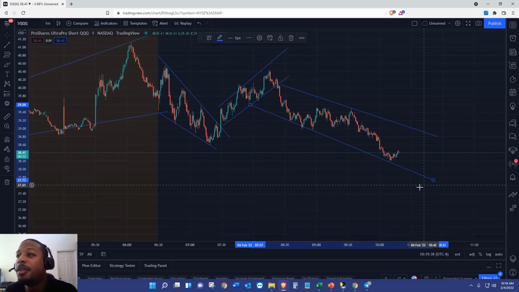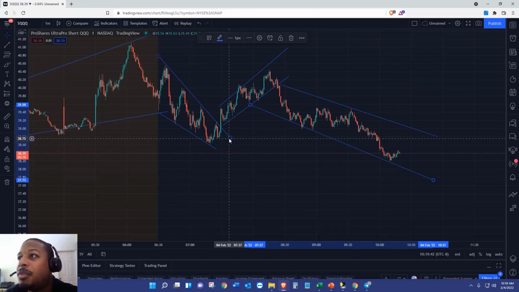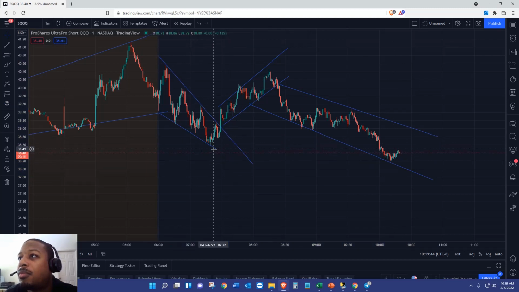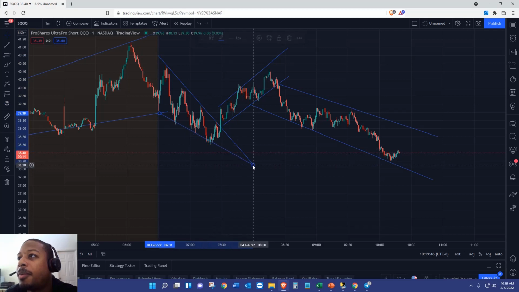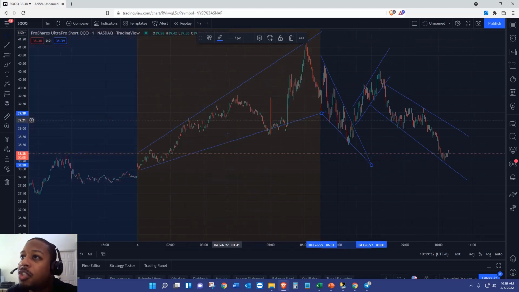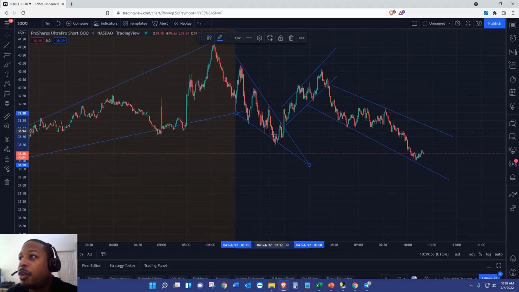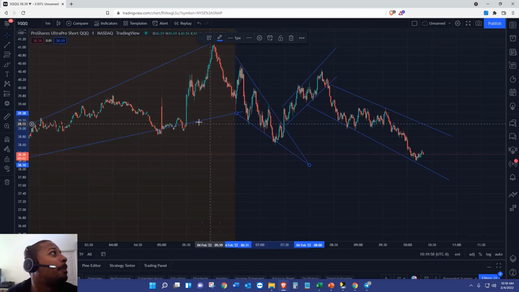Okay. This right here would have been a failing descending triangle because it didn't complete the breakdown. It should have been right here where it would have happened, but it didn't, and it broke out of the trend. Okay, so that's just one example of a descending triangle forming, but not actually completing.